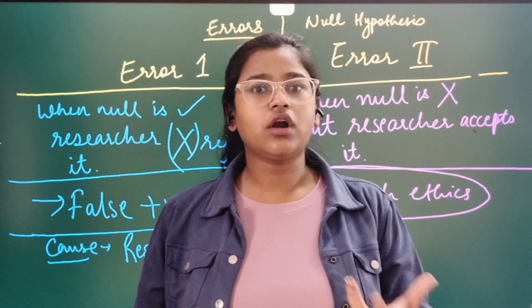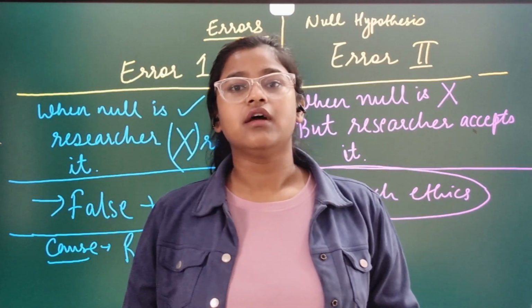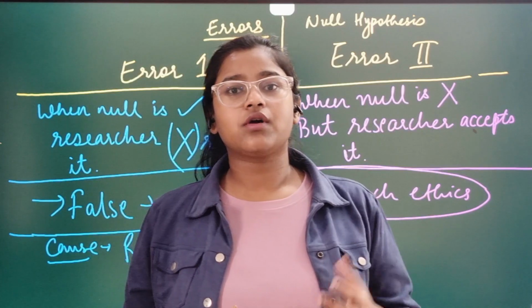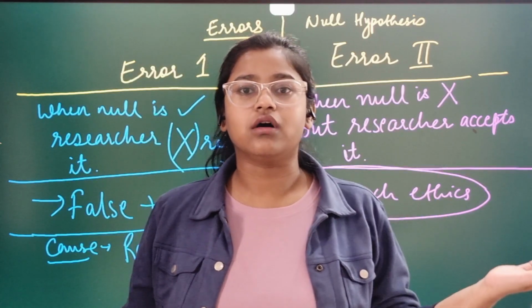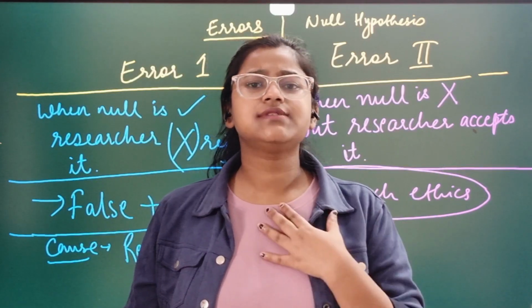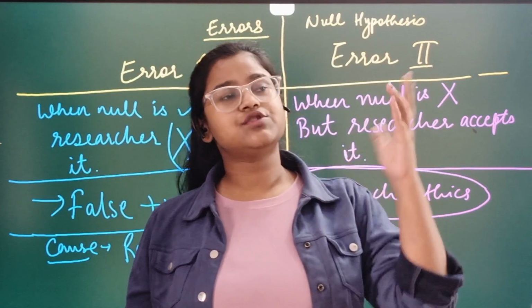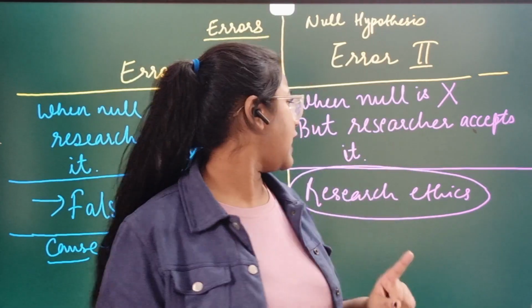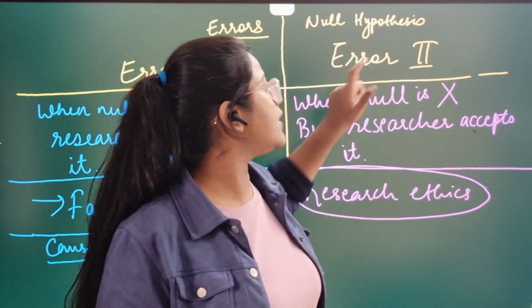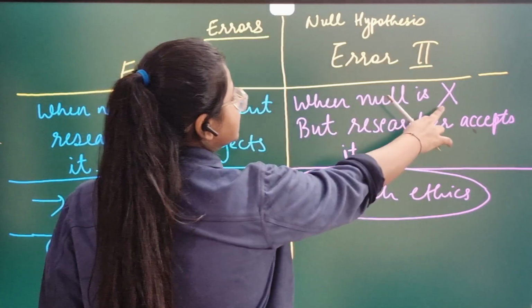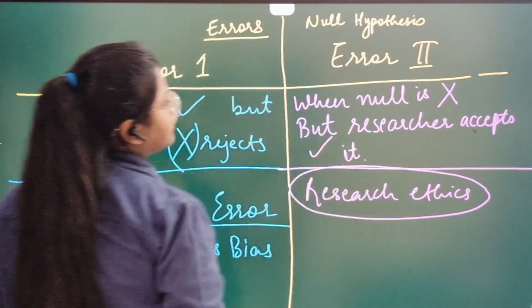The accuracy is not there. The parameter of validity that we studied is not followed because my null hypothesis is wrong. There is a difference, but I am saying that there is no difference. There is no scope of research. So it means that ethics are being questioned, because null was wrong, but the researcher accepted it.